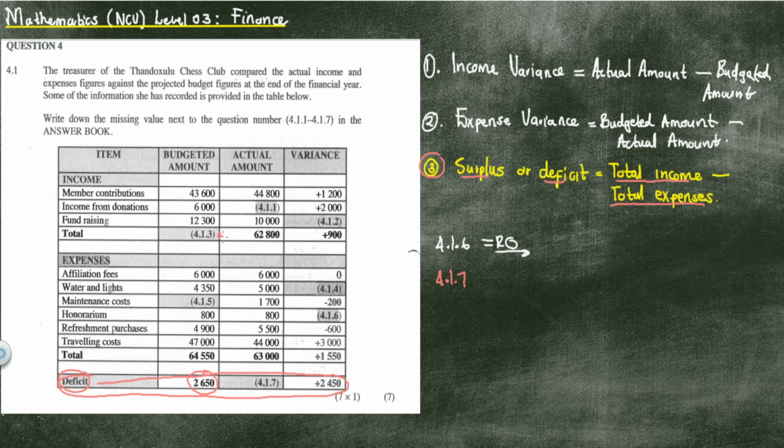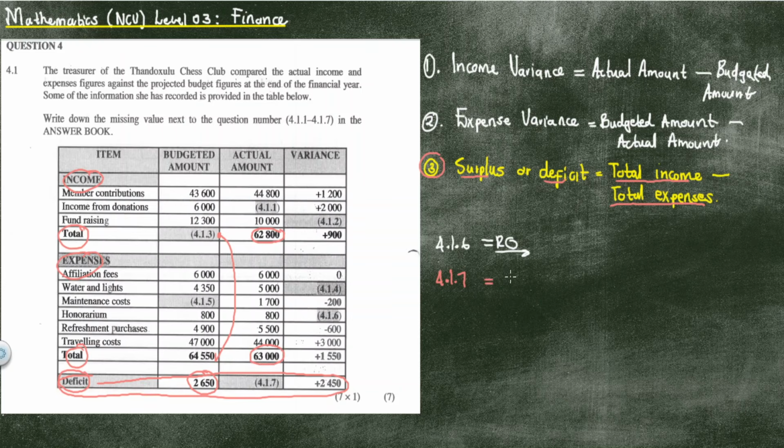It's this value subtract this value. It's the total income minus the total of the expenses. Even here it's this income minus that total for expenses.